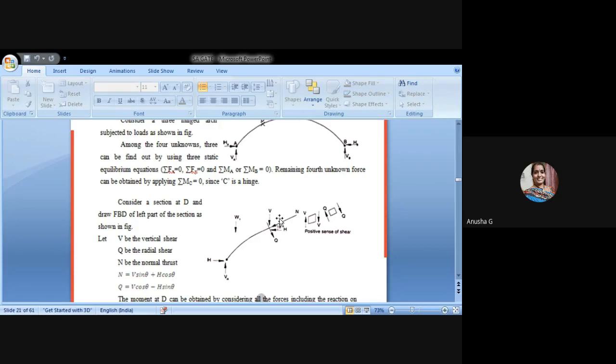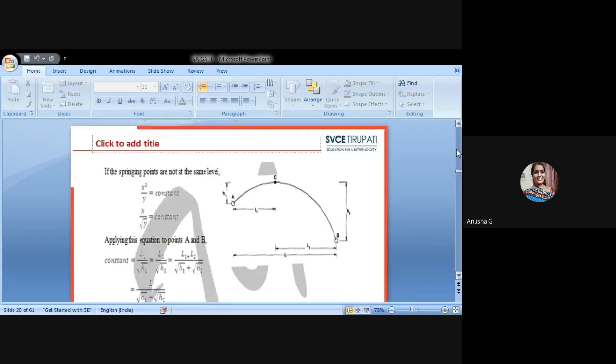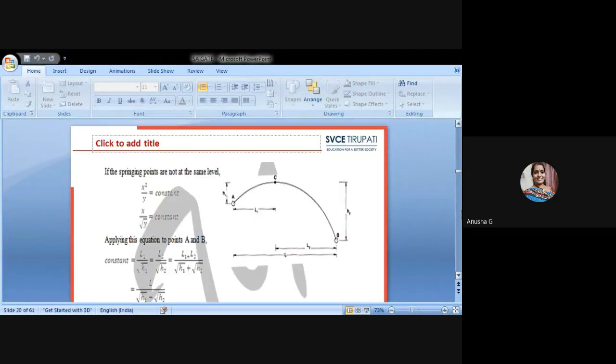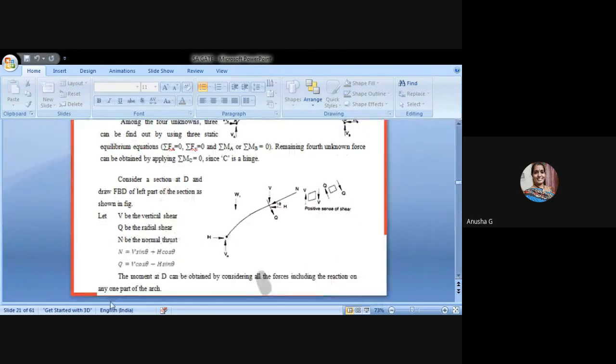In arches, you have to remember only two formulas. One formula is to calculate the distance y: y equals 4hx by L square into (L minus x). Another is the normal thrust and radial shear, which depends upon the given condition.